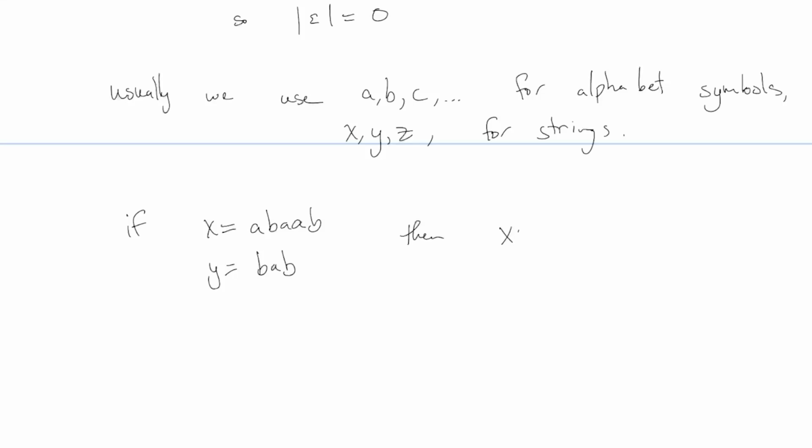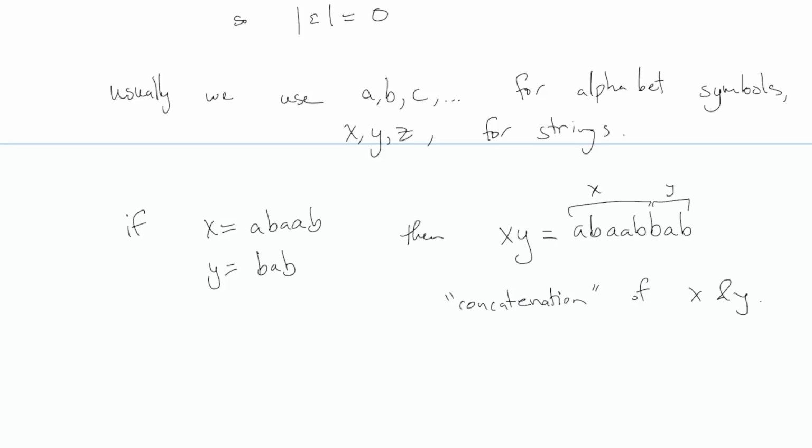We just write XY, which would be X, so that's ABAB, followed immediately by Y, BAB. There's the X and there's the Y. This is called the concatenation of X and Y.